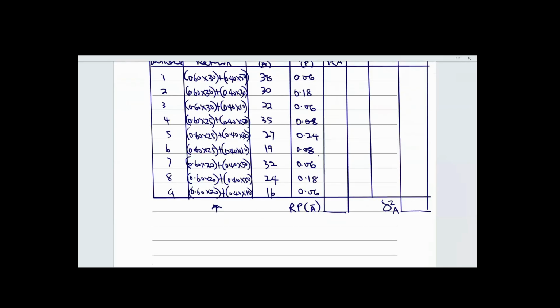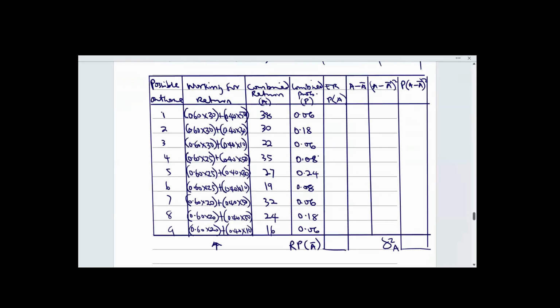Okay, now that we have the probability and the return, we can then calculate expected return. So this will then be equal to 38 multiplied by 0.06, that's 2.28. Then the next one will be 30 multiplied by 0.18.